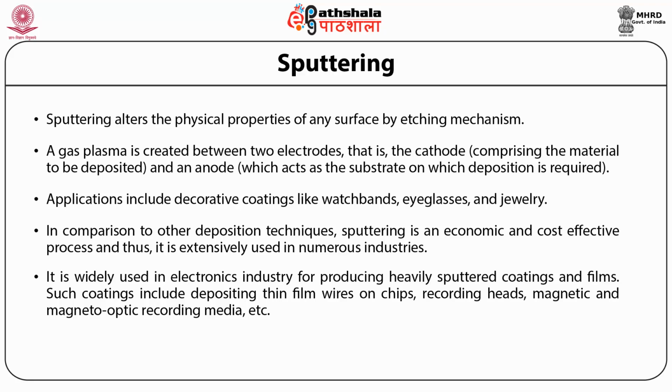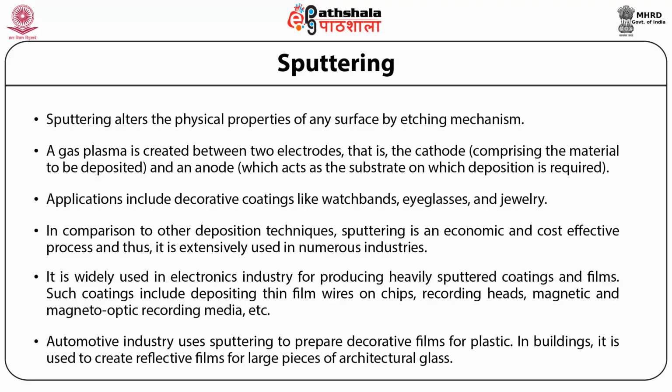Such coatings include depositing thin film wires on chips, recording heads, magnetic and magneto-optic recording media, etc. Automotive industry uses sputtering to prepare decorative films for plastic. In buildings, it is used to create reflective films for large pieces of architectural glass. The food packaging industry uses sputtering to produce thin plastic films for packaging.